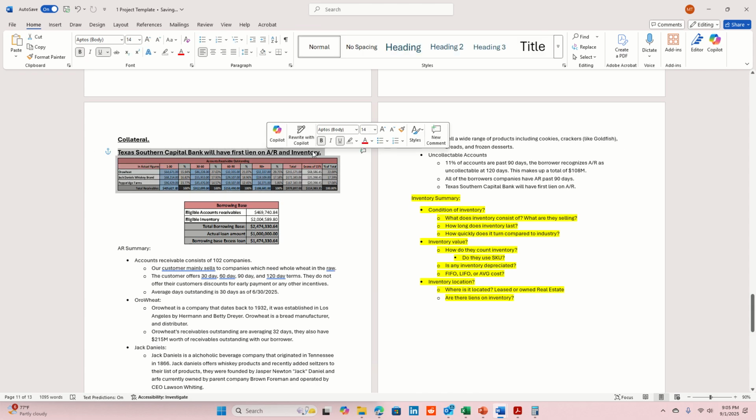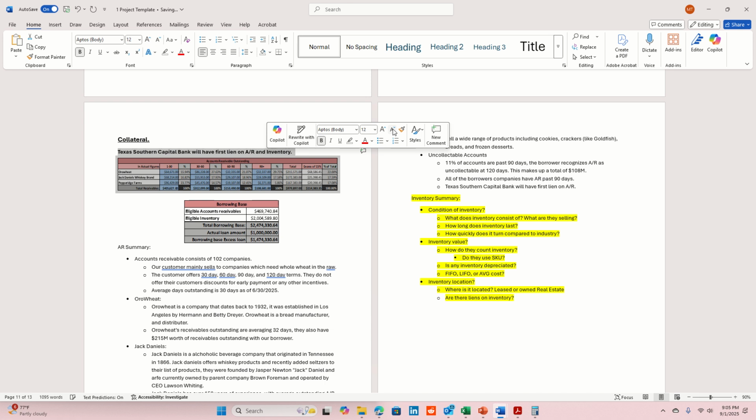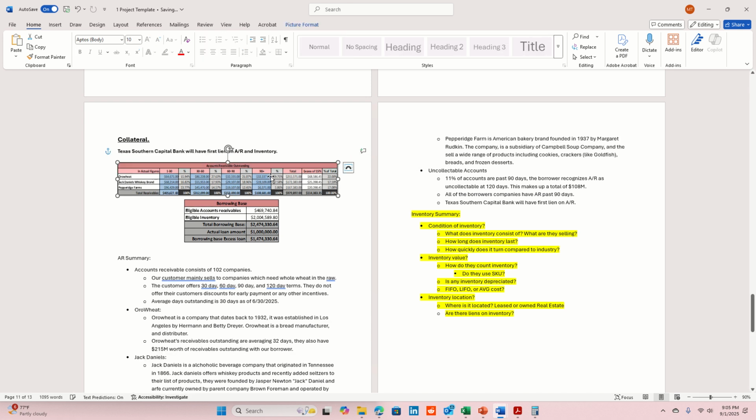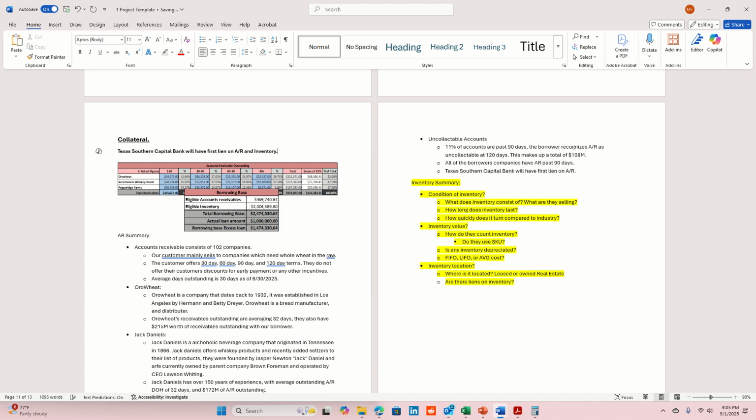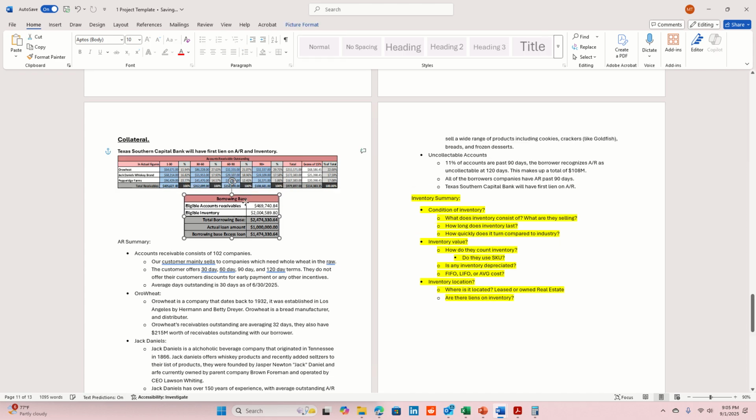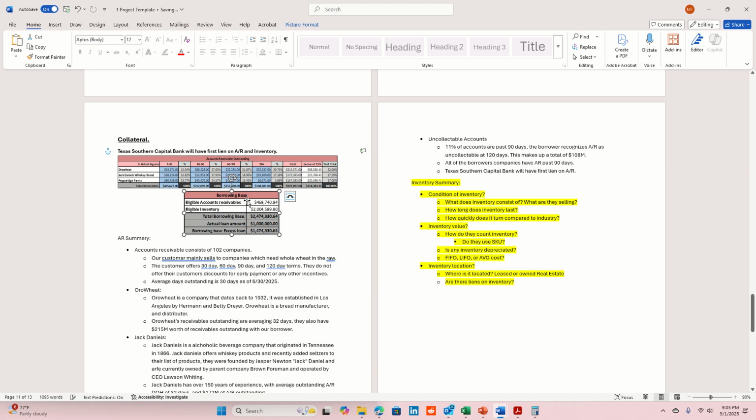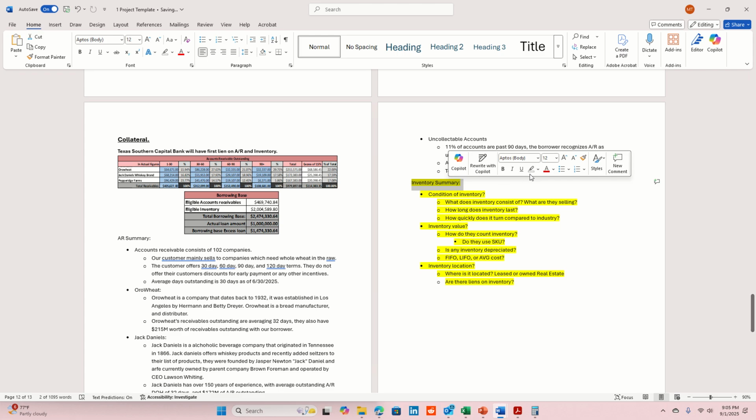So now let's underline, let's shrink that down, and now we have that statement. We need that statement. That's basically saying that nobody gets paid from the sale of collateral until we get paid from the sale of collateral. Hopefully that makes sense to you guys. If it doesn't, make sure you Google how liens work on YouTube.